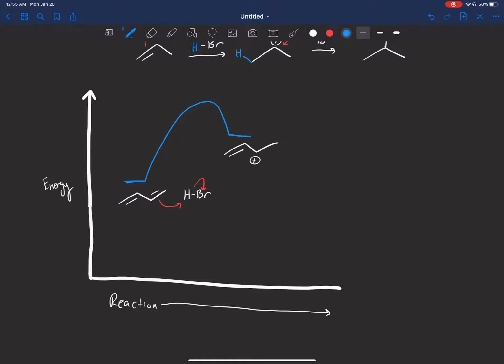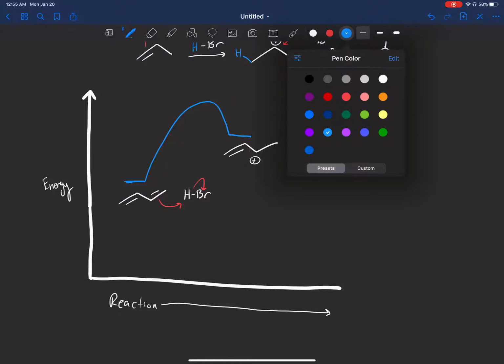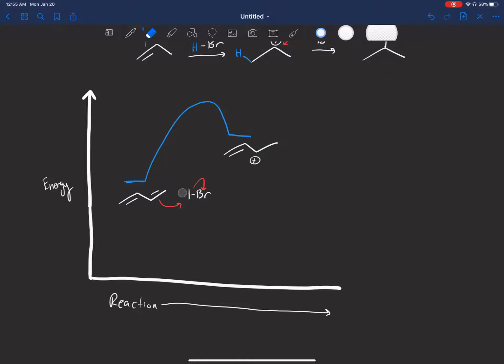And this hydrogen, let's color that hydrogen in green, just so we keep track of it. There he is. All right, so that's our intermediate. Now what I do want to show is the resonance on this energy diagram.